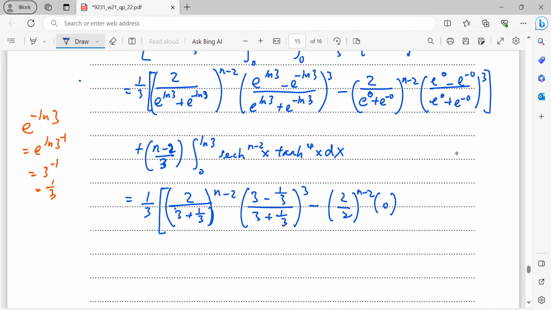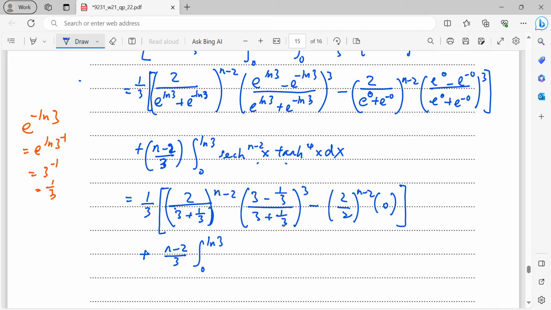Okay, 1 minus 1 is 0. Then plus, close bracket. Okay, then plus (n minus 2) over 3 integrate 0 to ln 3.